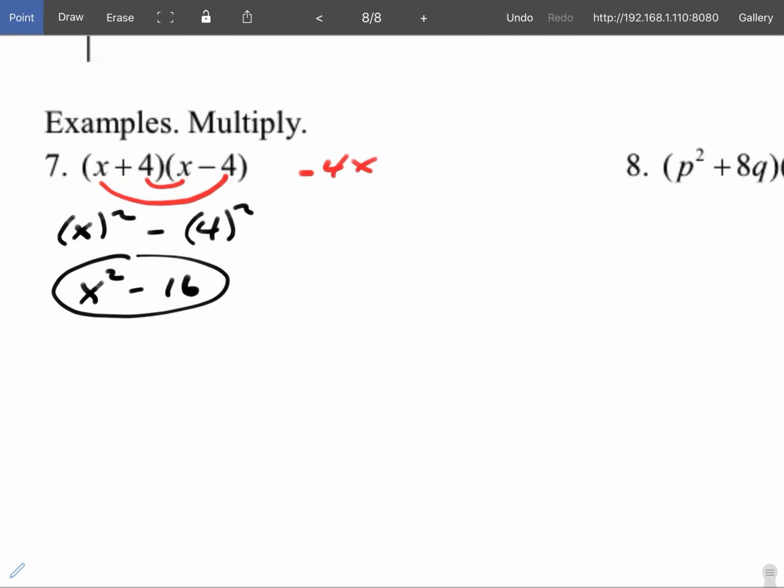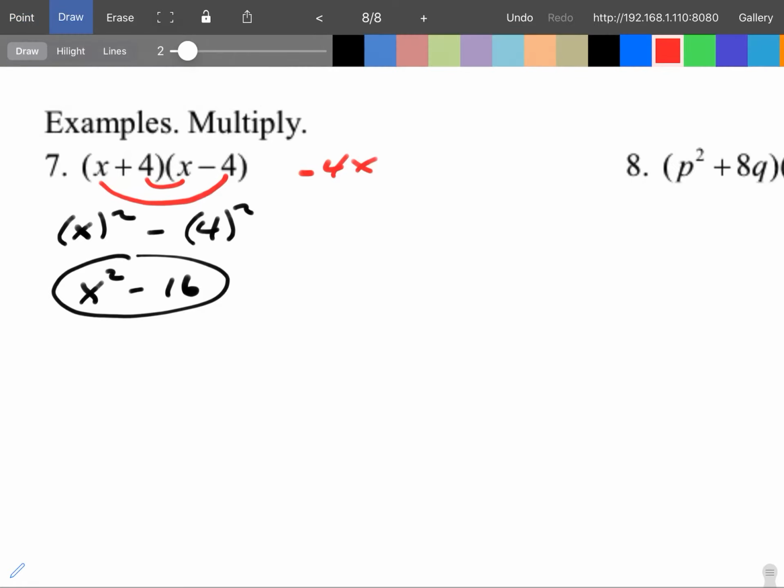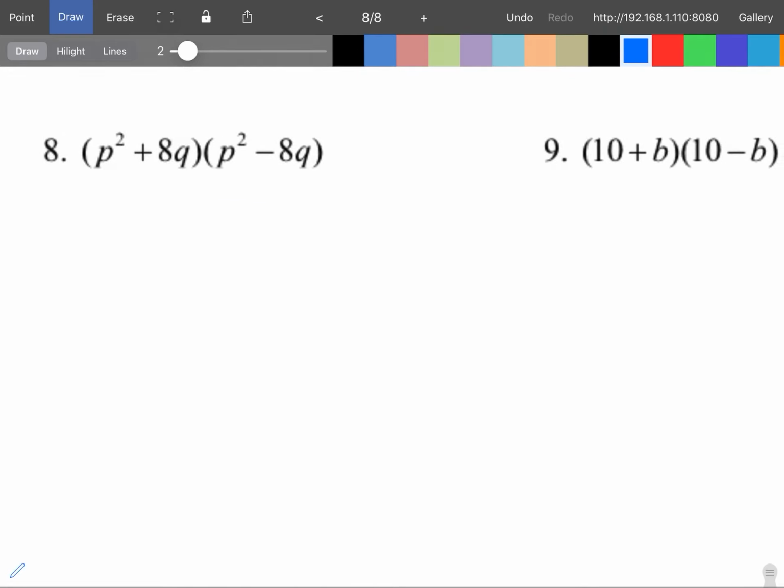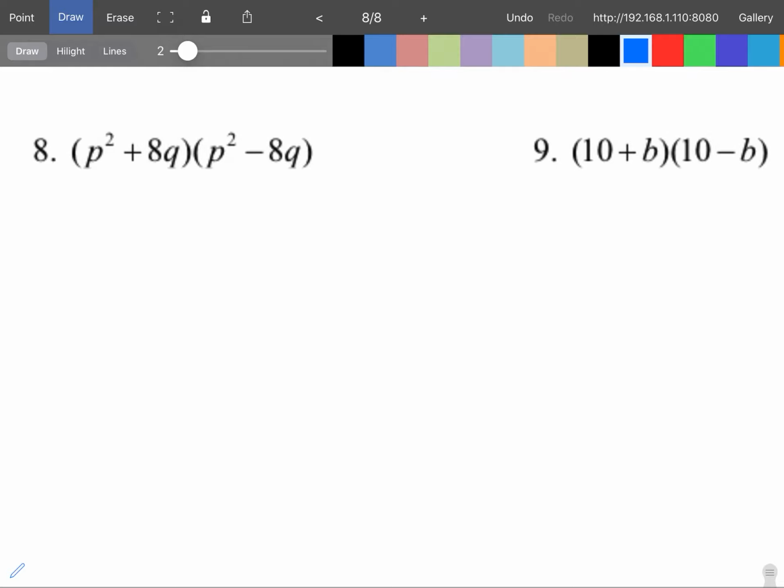And then you also would have done the positive 4 times the x right there, and that would have gave you a positive 4x. That's what that middle term would have been. But then you guys realize that that is just 0, and those just cancel out. All right, so we can do all three of these because we'll just use the shortcut.